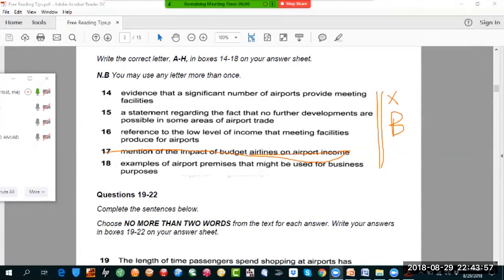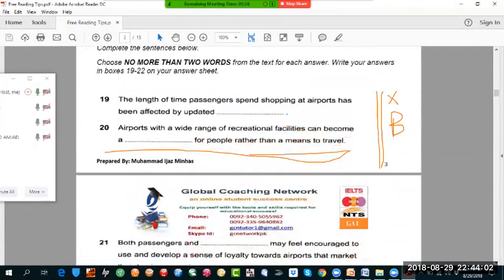Why did I read paragraph B then? So a good thing would be to just jump to question number 20 and see if there is any answer in paragraph B.